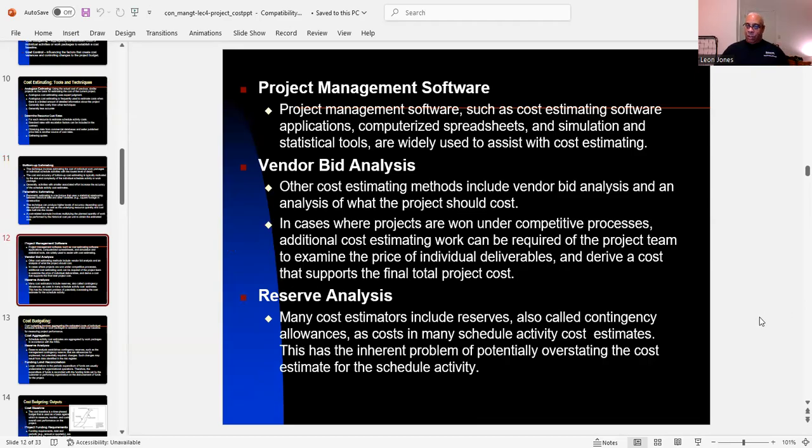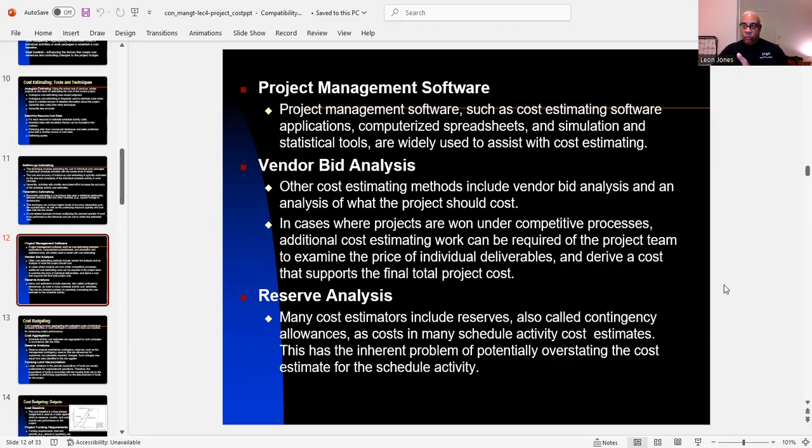Now, how do we get all these costs? Well, you can get cost a few ways, but you have to look at the plans. You need to know your units: your linear feet, square yards, square feet, cubic feet, each. Now, you have project management software, but what if you don't have project management software?